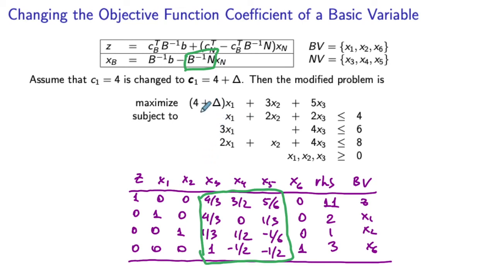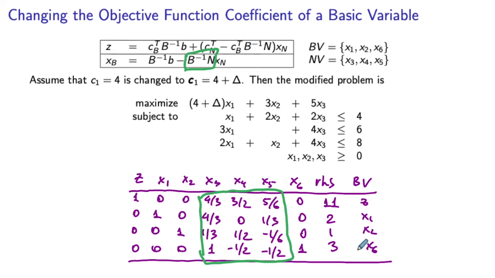In our case here, the change is made to the coefficient of variable x1, and we need to find the range of delta from the inequalities expressing the fact that the resulting coefficients in row 0 must all be less than or equal to 0. This will give us the range of delta that's allowable such that the previously optimal solution remains optimal.